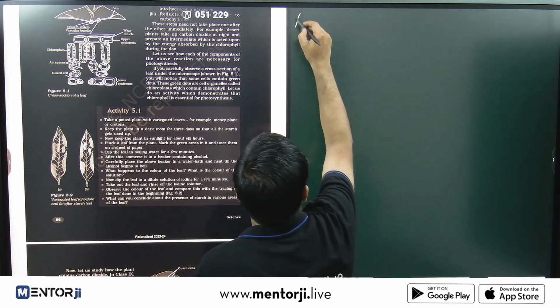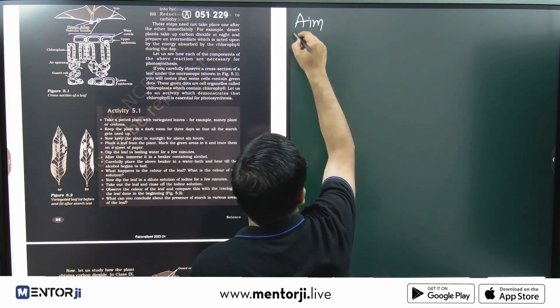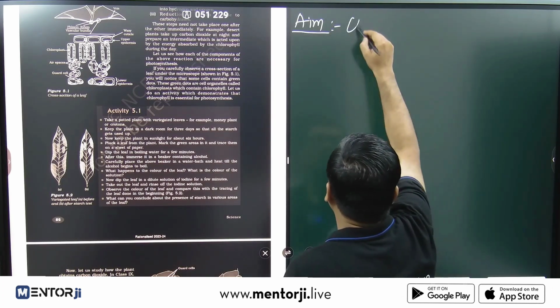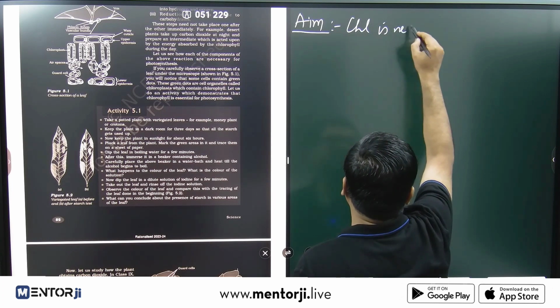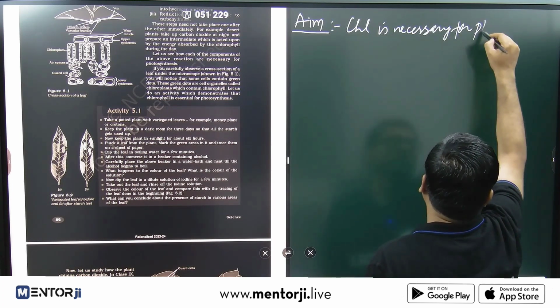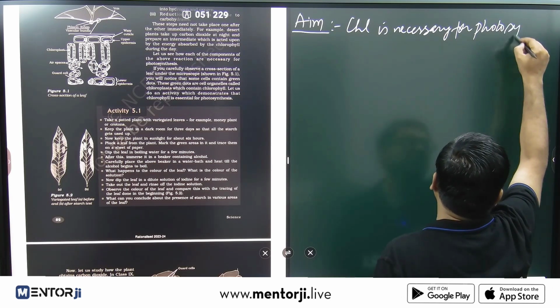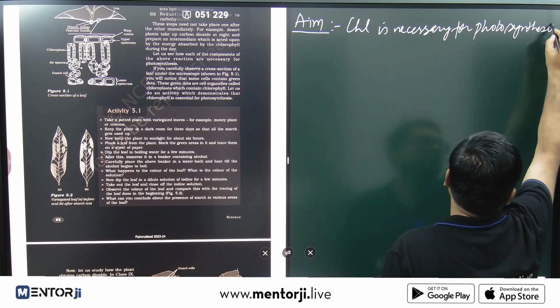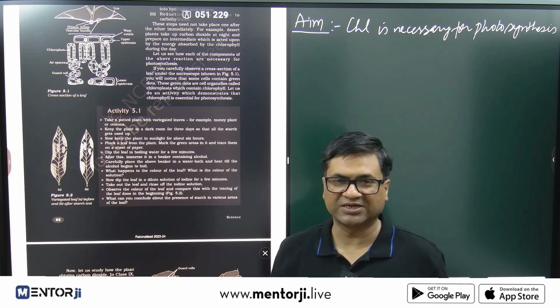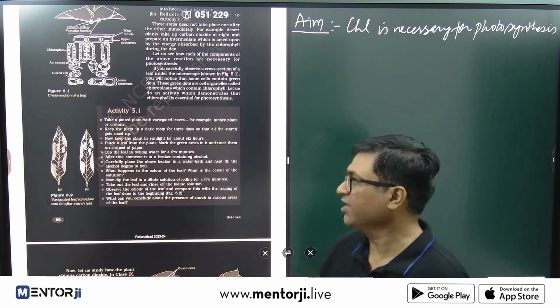The aim of this activity 5.1 is: chlorophyll is necessary for photosynthesis. That is the aim of this activity.